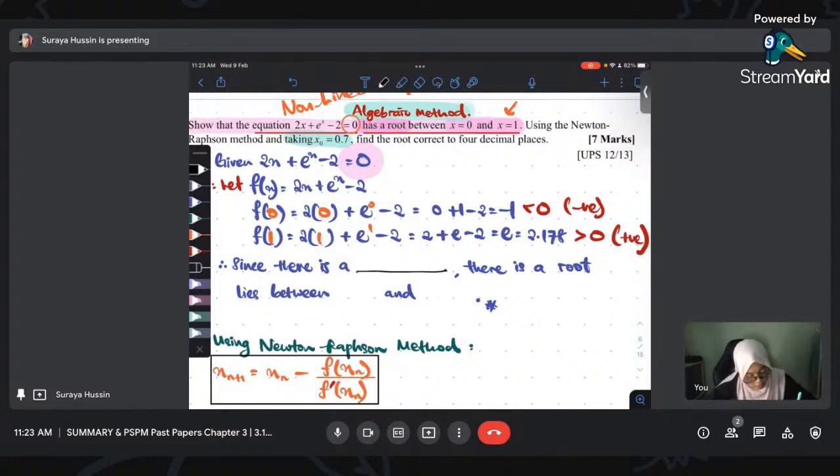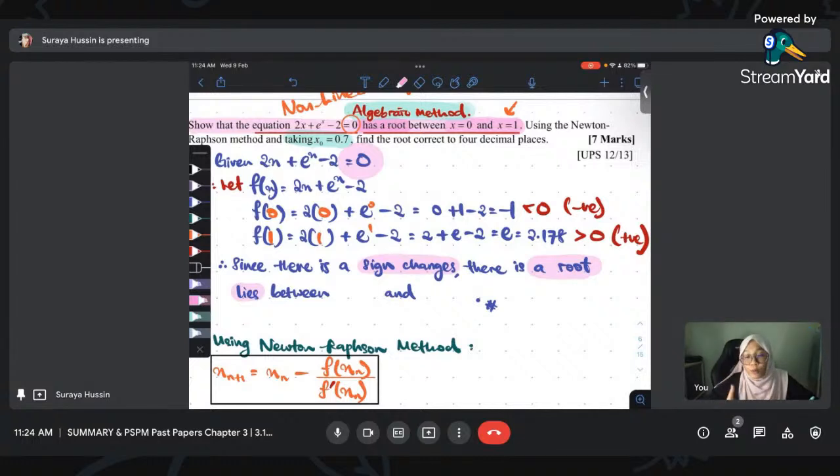Just write down, if there is a sign changes. This is the word. You should highlight it. Since there is a sign changes, there is a root. Ini ayat dia. There is a root.